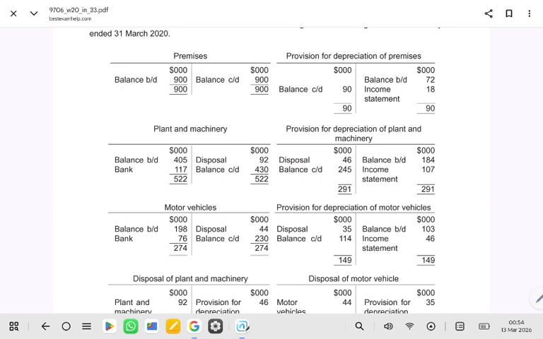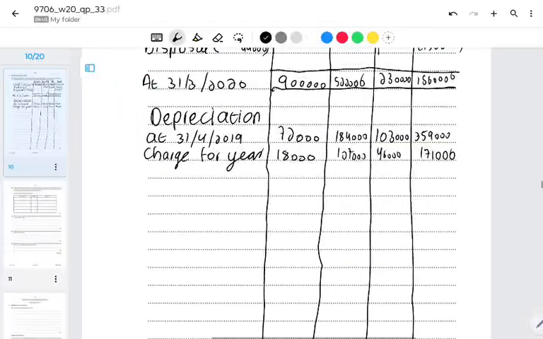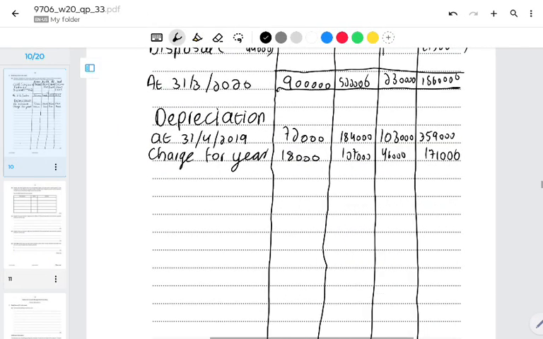Means cancelled off with the depreciation. So for plant and machinery 46 and for motor vehicle 35. Disposal eliminated. So we will add 46,000 plus 35,000. That gives us a value of 81,000.